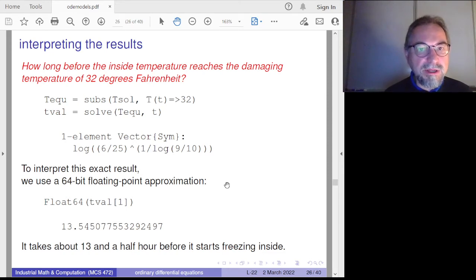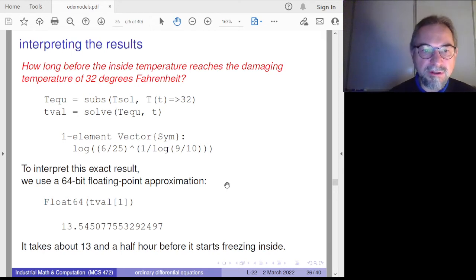So here, the original question was, when does it get to the freezing temperature inside? For this, we take the solution we obtained. It was stored in T-sol. And we replace the function, now big T of little t, by 32.